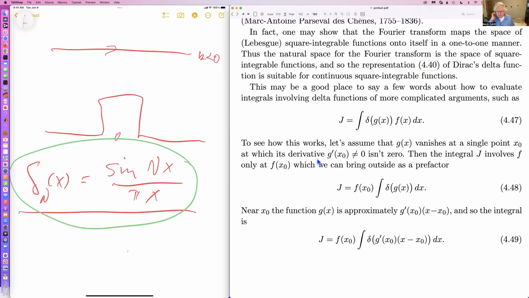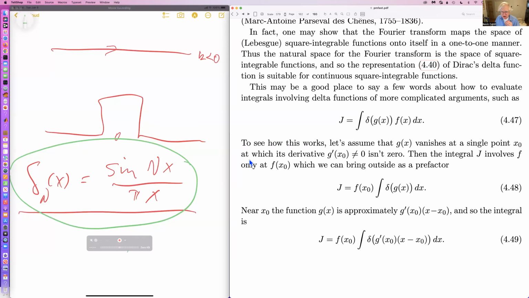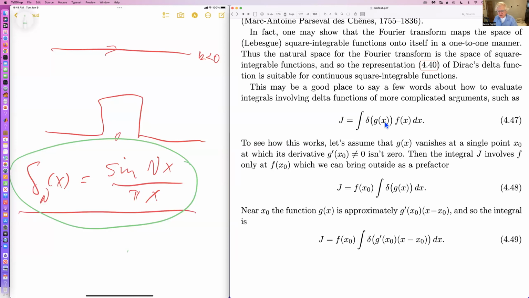This, I think, is a good place to tell you about delta functions of more complicated arguments. This is something that pops up all the time in physics, because in physics, we don't find just delta of x, we find delta of g of x. So what is that?